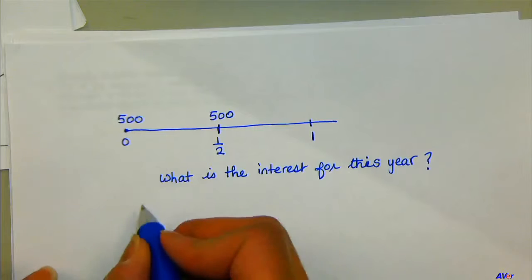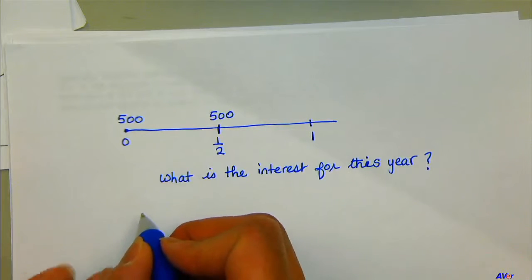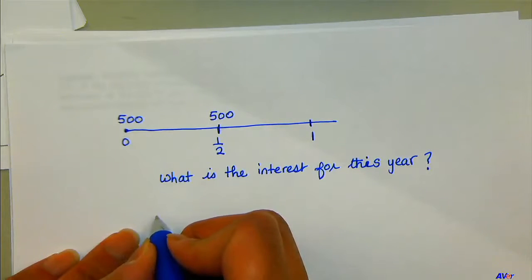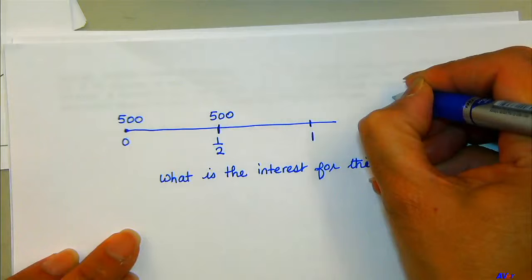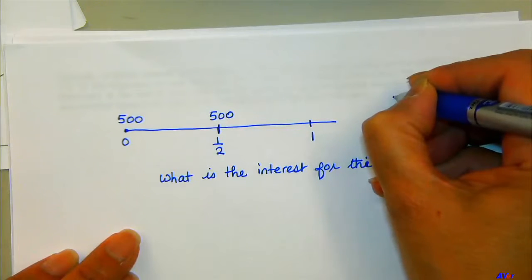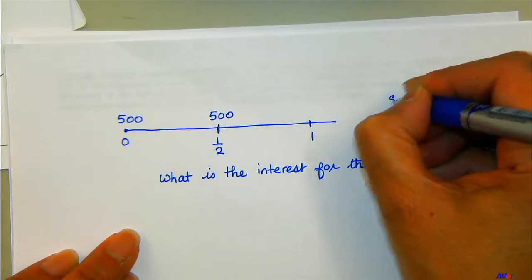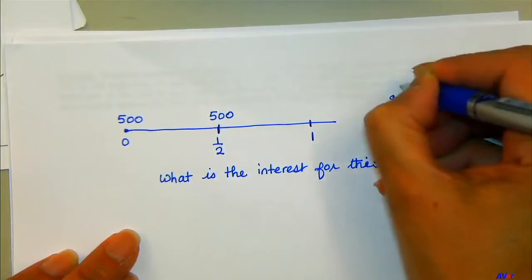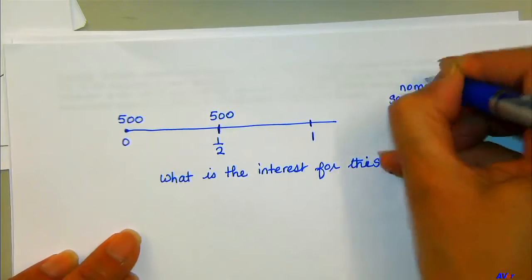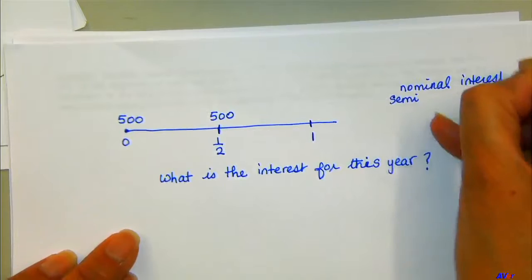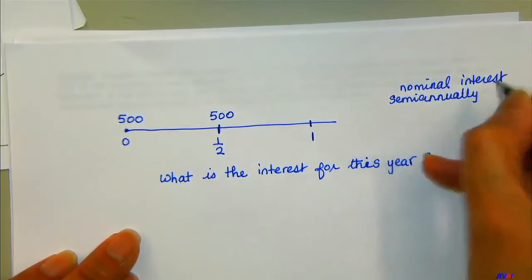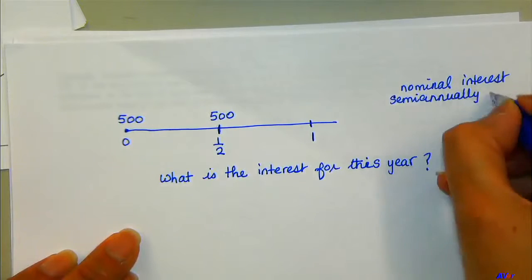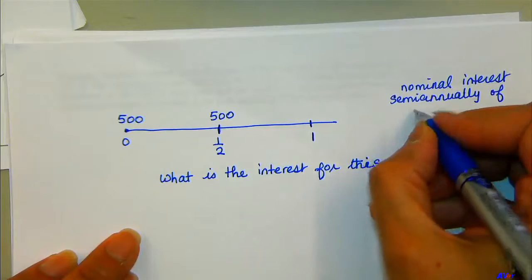Wouldn't it just be the difference between 500 grown to 1 from time 0 and a half grown to time 1? Let's say your interest rate is nominal interest, semi-annual, converted semi-annually, of 4%.